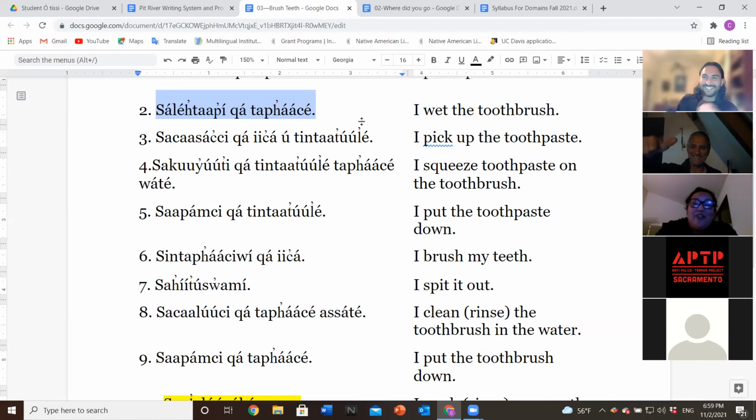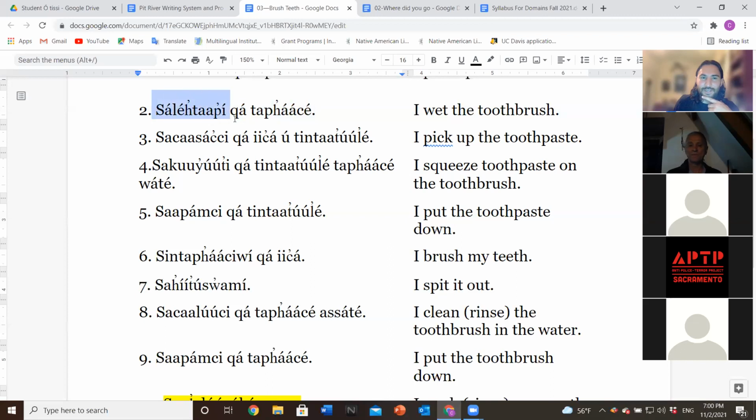I thought that first H seems easier than that second H. I don't know why. Yeah, different consonant. Vowel consonant. Yeah, because it's about... Morning Star. Saleh da pi ga da pa je.